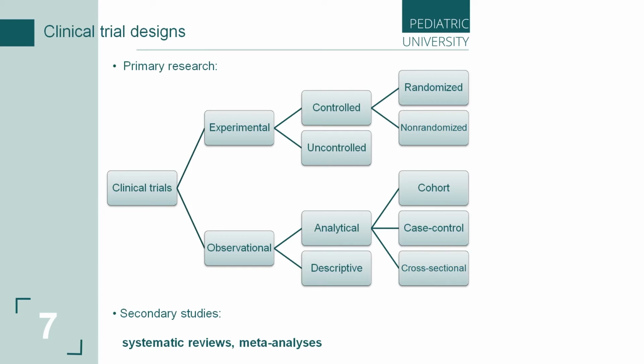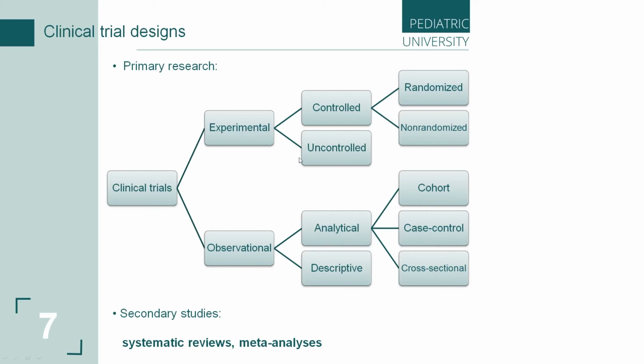Firstly, we must do primary research. What is this? Let's look at the diagram on the slide. We can have clinical trials that are maybe experimental or observational.